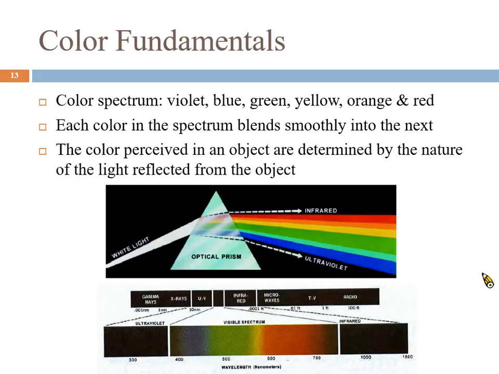We can see here from these images, and since high school we have known that the famous scientist Newton used an optical prism to separate white light into colorful light with various wavelengths.